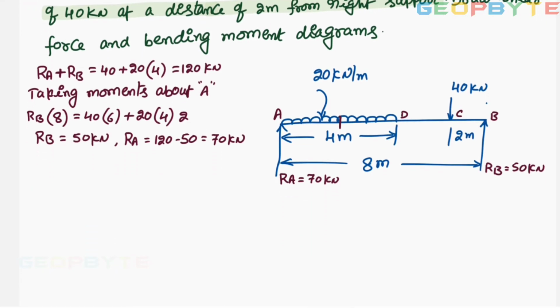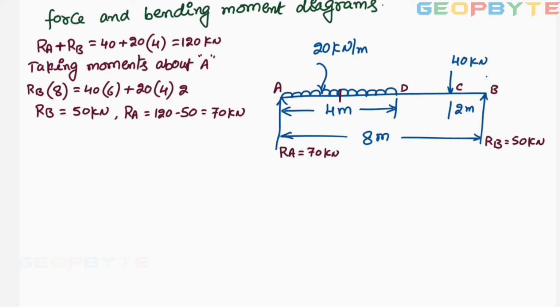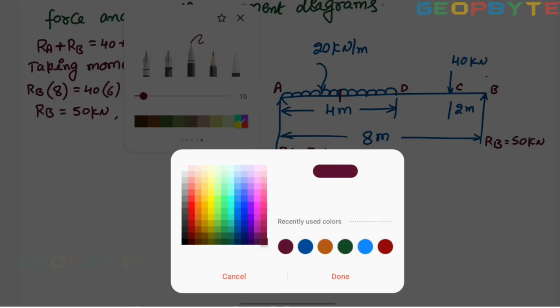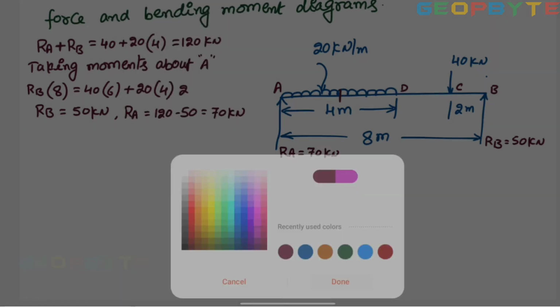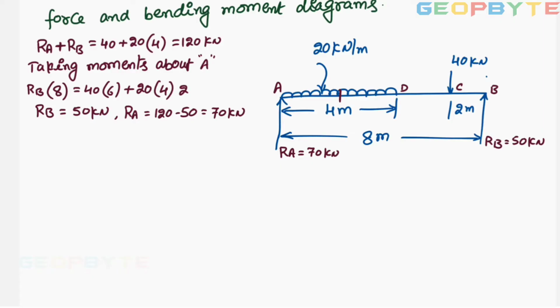Now let us go for the SF calculations. Shear force calculations. Downward force is taken as positive, upward force is taken as negative. Now we are finding the shear force from B to A. Shear force at B is an upward force, minus 50 kilonewtons.